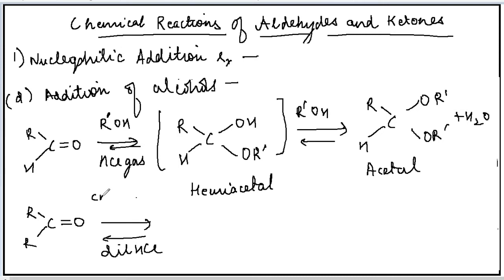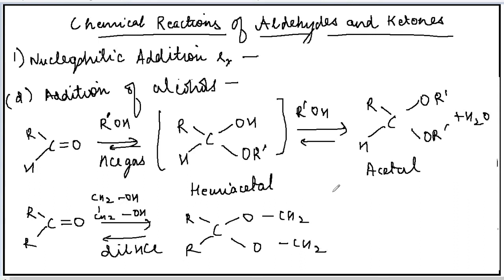What is the formula for ethylene glycol? This is the formula for ethylene glycol. When the reaction takes place with ethylene glycol, it forms a cyclic structure, and this cyclic structure is known as ethylene glycol ketal.